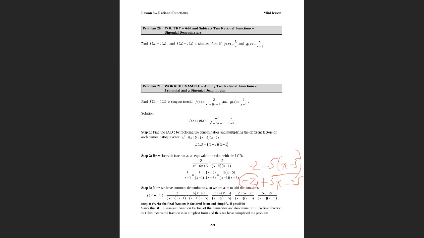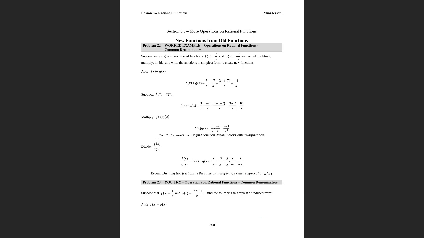So minus 2 minus 25, that gives you 5x minus 27. That's how we got this, with the same denominator. This is not difficult. It's all about getting the understanding.